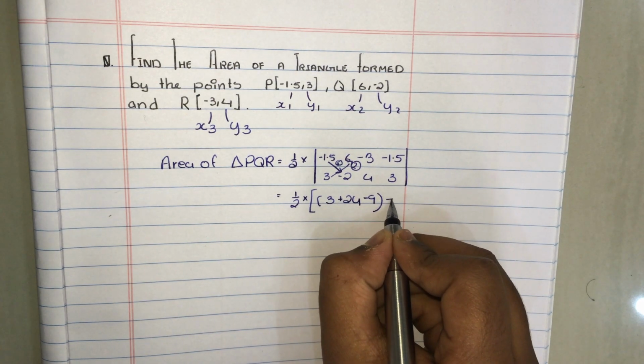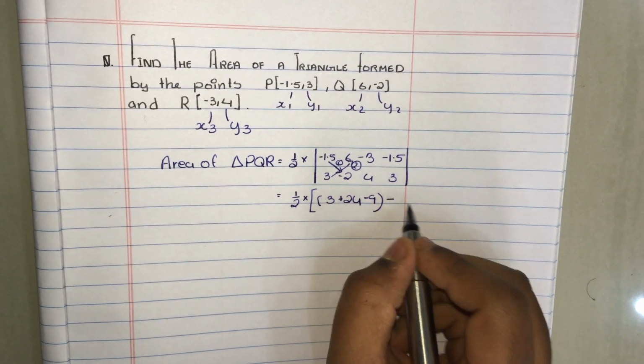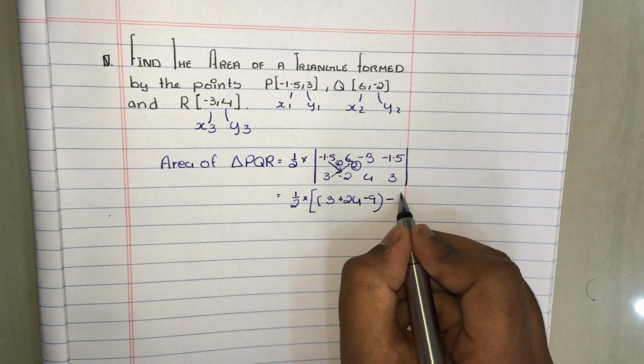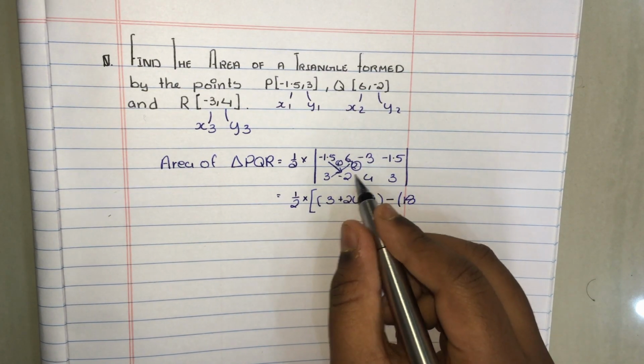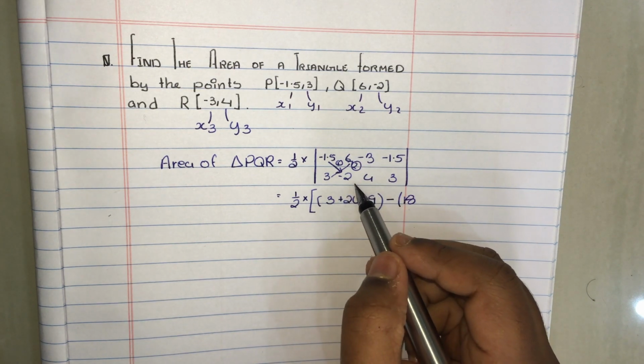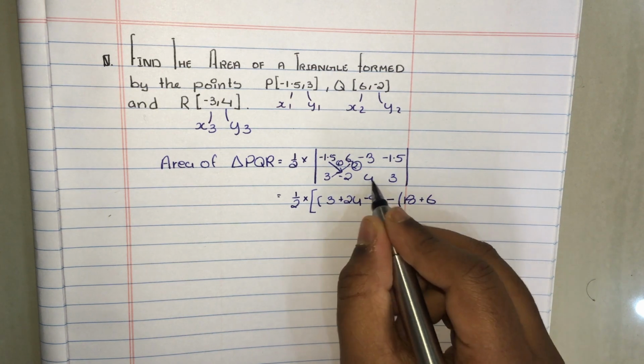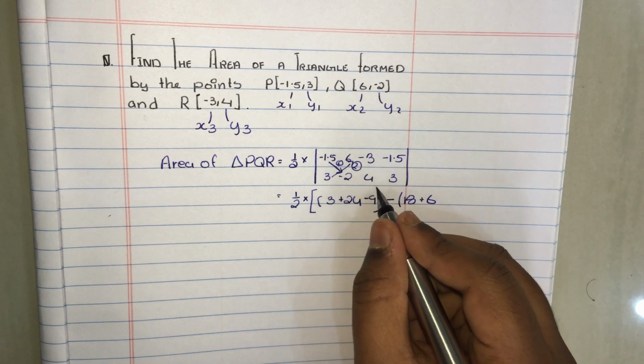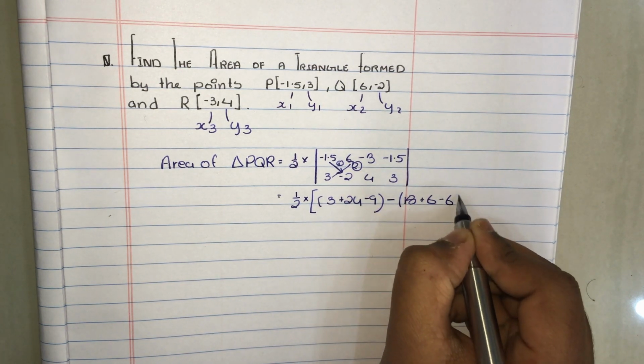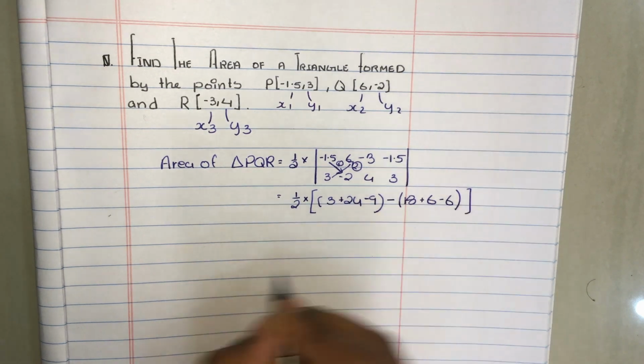Now minus the secondary diagonal: 3 into 6, which is 18, and -3 into -2, which is plus 6, and -1.5 and 4, which is -6. Close bracket.